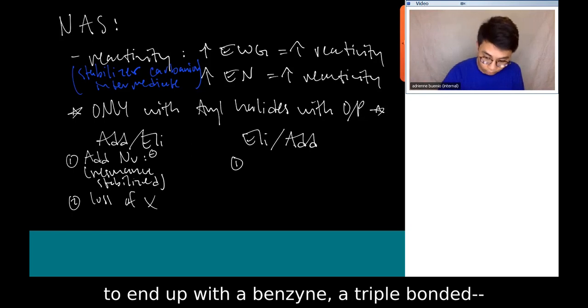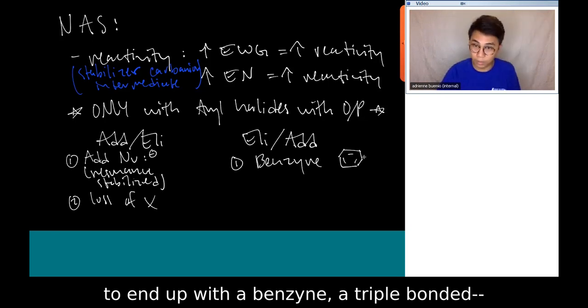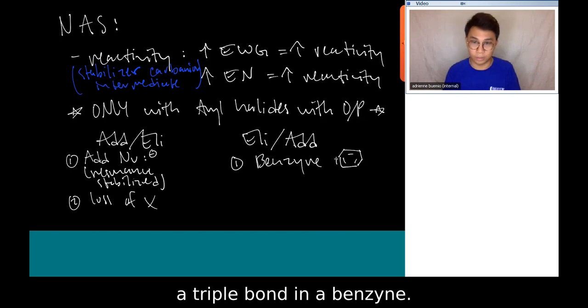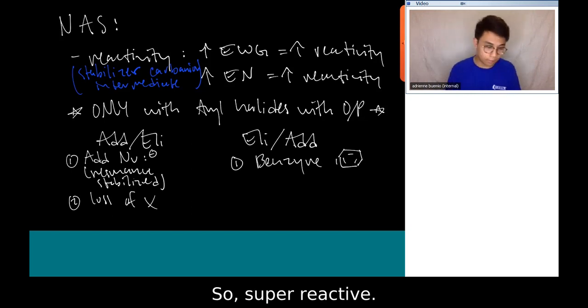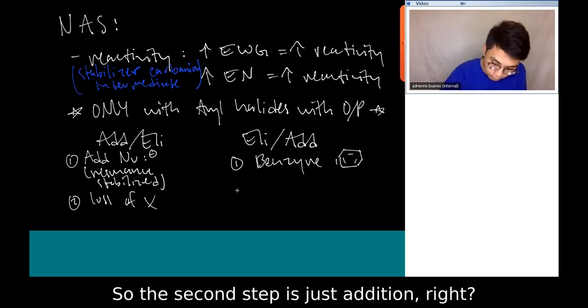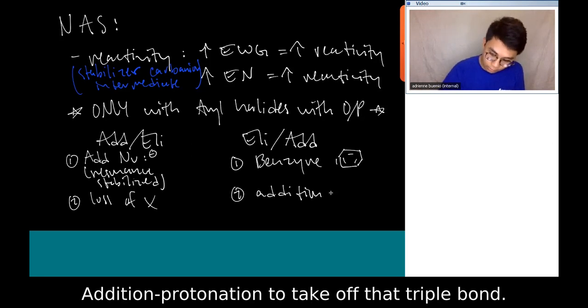So you're going to end up with a benzyne, a triple bond in a benzyne, right? So super reactive. So the second step is just addition, protonation to take off that triple bond, right?